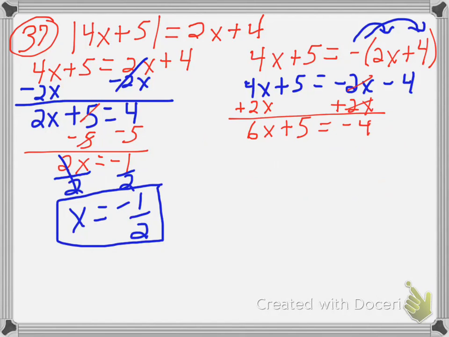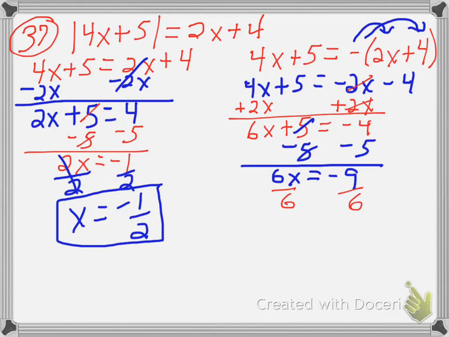Now solve for x. I'm going to go minus 5 from both sides. The 5 and negative 5 cancel. That leaves us with 6x equals negative 9. Now I divide by 6.